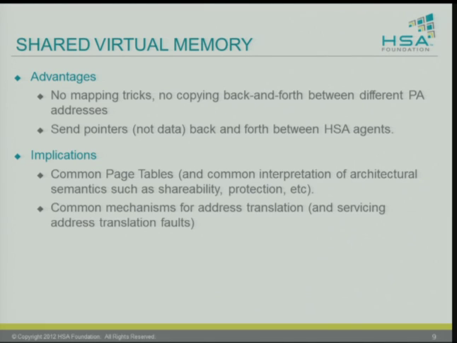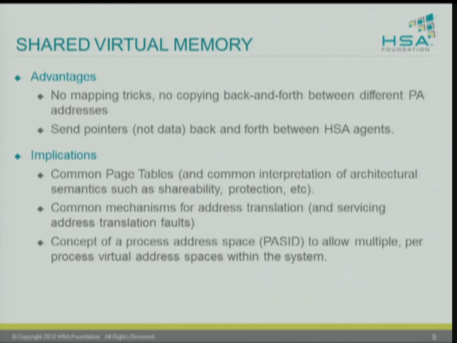You have to have a common mechanism for address translation. Everyone needs to be servicing or translating virtual addresses to physical addresses the same way. And there needs to be a mechanism for handling faults. You need an idea of a process address space so that you can have multiple processes running within the same system. So you have a per process virtual address space.